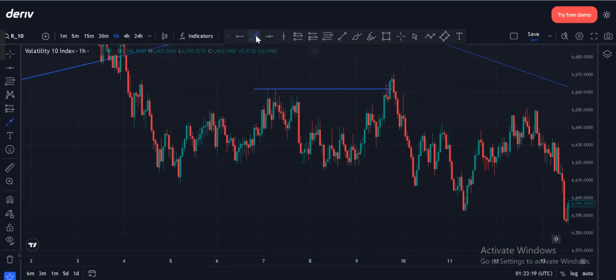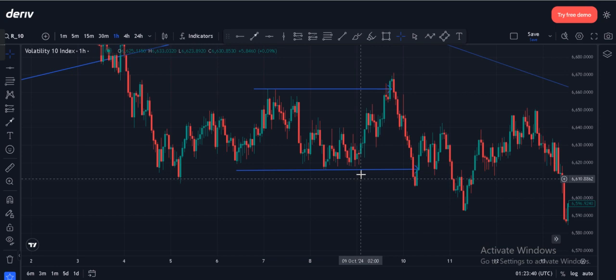And then we can see structure being broken to the downside. So basically this liquidity, the zone which took out this liquidity, or the zone which created this liquidity basically, is this low here.